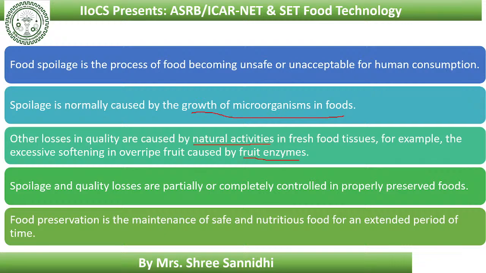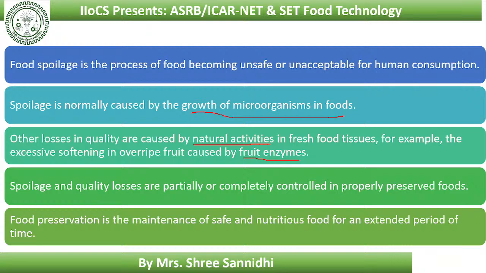Food preservation is the maintenance of safe and nutritious food for an extended period of time. Therefore, food is spoiled basically by the microorganisms or any other chemical activities happening inside the food, like ripening or senescence and other metabolic processes happening in the food.